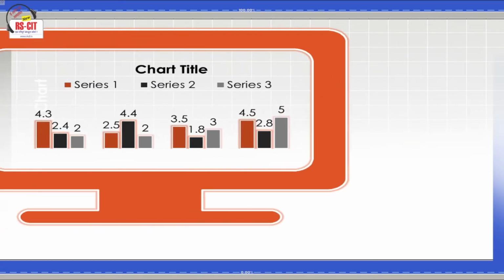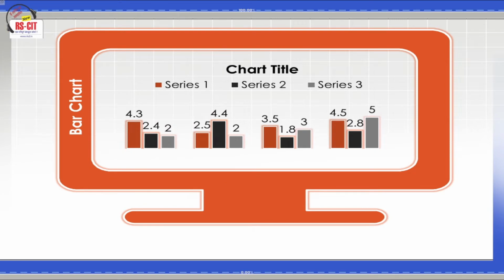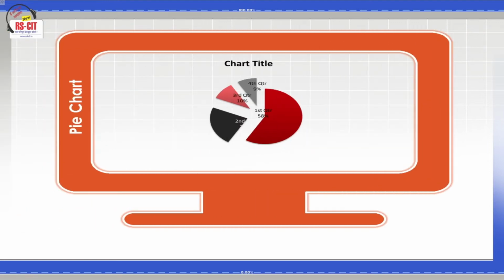Bar charts. Bar charts are similar to column charts, except that bars are represented horizontally rather than vertically. A bar chart emphasizes the comparison between items at a fixed period of time. Pie charts. Pie charts are mainly used to show the contribution of each value to a total.